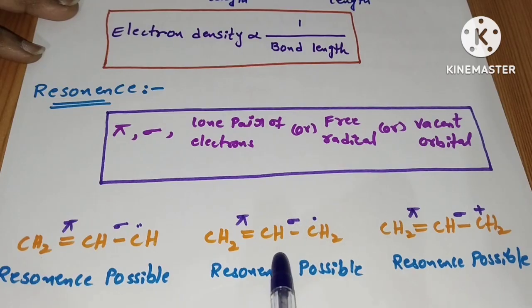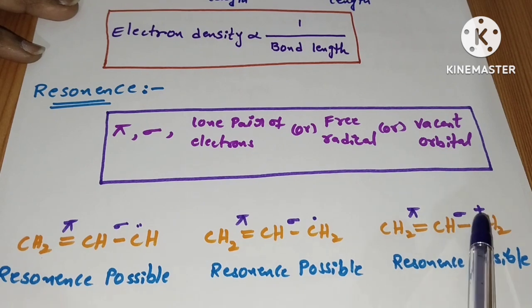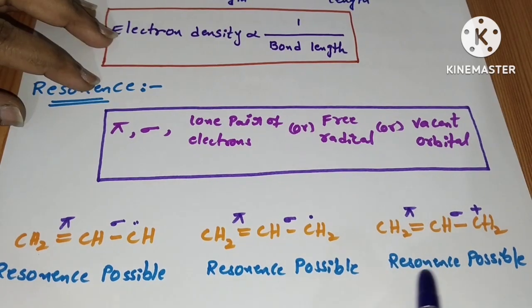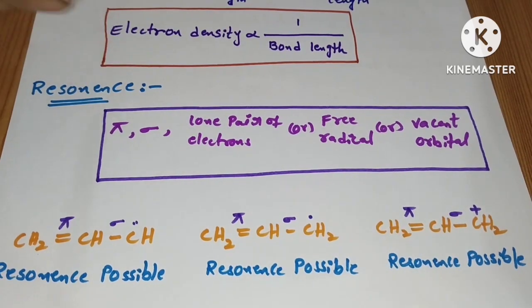So, the second condition is satisfied. So, resonance is possible. And in this compound, there is pi bond and sigma bond and a vacant orbital is there. So, the third condition is satisfied. So, resonance is possible in it.